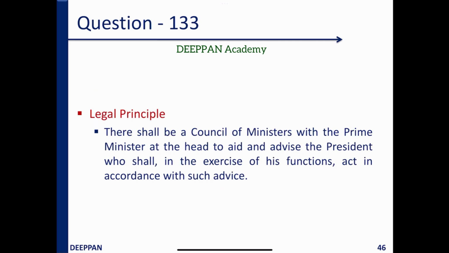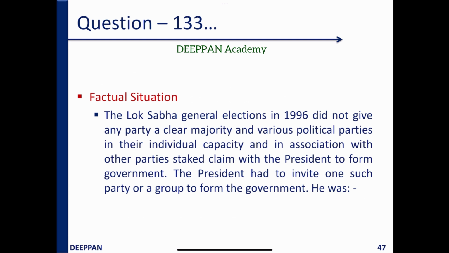Legal principle: there should be a council of ministers with the Prime Minister at the head to aid and advise the President, who shall, in the exercise of his functions, act in accordance with such advice. Factual situation: the Lok Sabha general elections in 1996 did not give any party a clear majority, and various political parties, in their individual capacity and in association with other parties, staked claim with the President to form government.